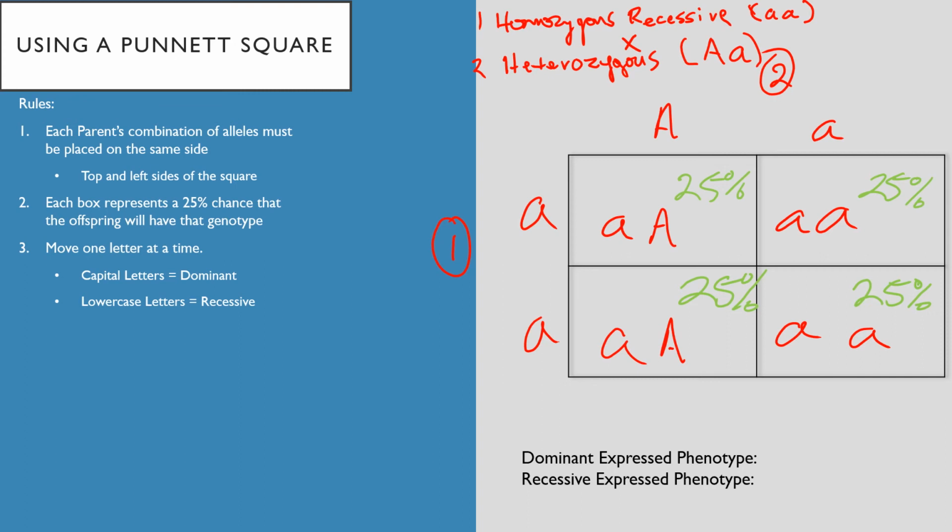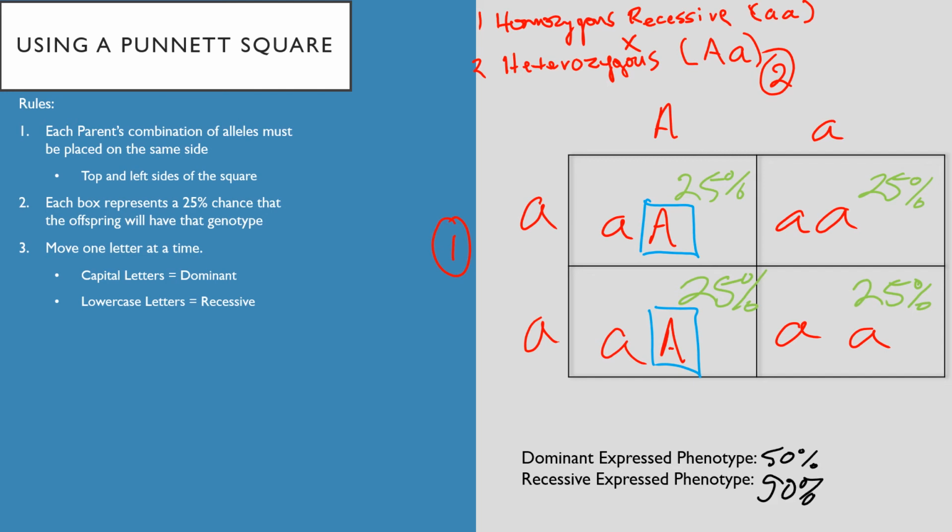So I have a dominant trait here, and I have a dominant trait in this one. And so we're right down the middle with this one. So dominant is a 50% chance, while recessive is a 50% chance.